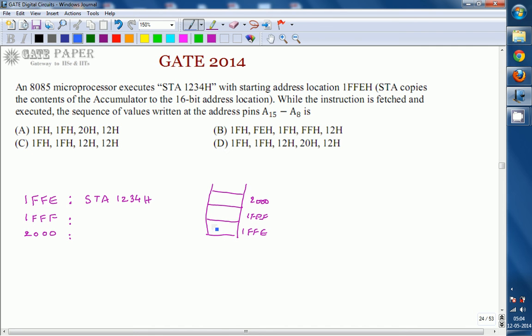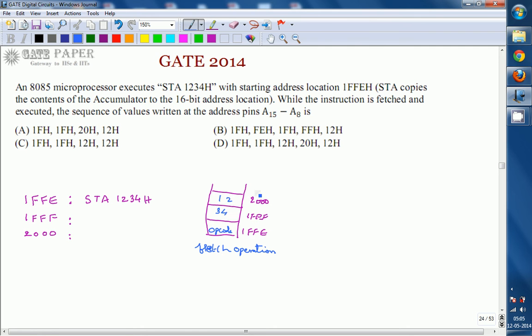Here you get the opcode for STA first, followed by the 16-bit address, lower byte first and upper byte next. All of this is used for the fetch operation, which requires 3 bytes of information. First the address bus is loaded with 1FFE, next with 1FFF, and later with 2000 to completely fetch the instruction from memory.